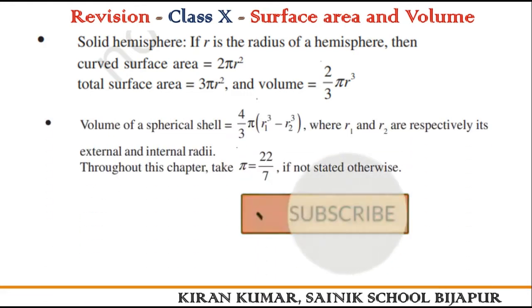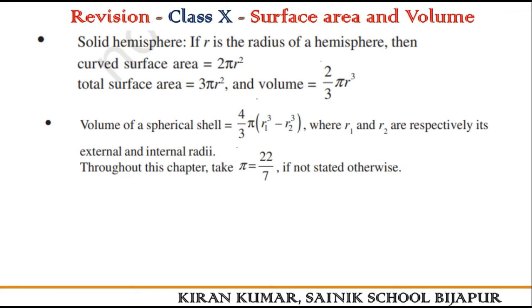The volume of a spherical shell is 4 by 3 pi times r1 cube minus r2 cube, where r1 and r2 respectively are the external and the internal radii. Throughout this chapter, we take pi as 22 by 7 if not stated otherwise. These are the basic main concepts.